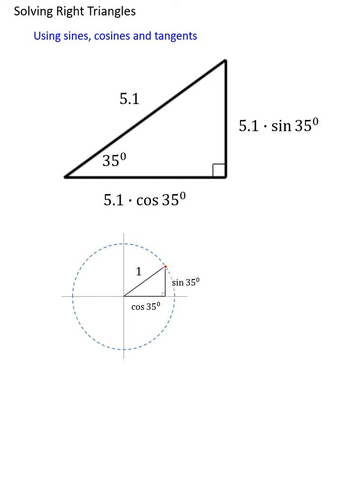And therefore, someone figured that we could just multiply the legs of the smaller right triangle by 5.1 and get the legs of the larger right triangle. Clever logic. Now, if you have the means to compute the sine and the cosine of 35 degrees, which nowadays we do by calculator, and back then they did by other means, then you could compute those side lengths and therefore solve for most of this right triangle.